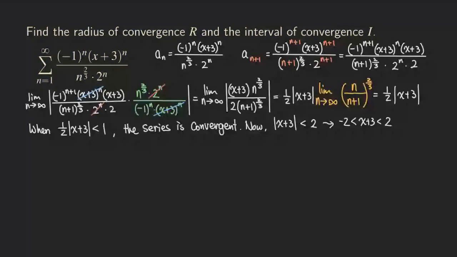If we subtract 3 from all 3 parts, then we get negative 5 less than x less than negative 1. So that will give us the interval.